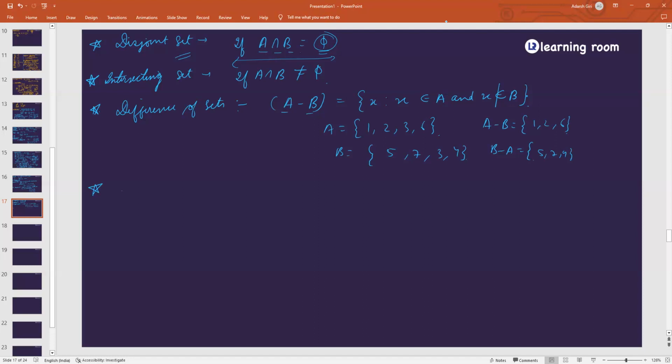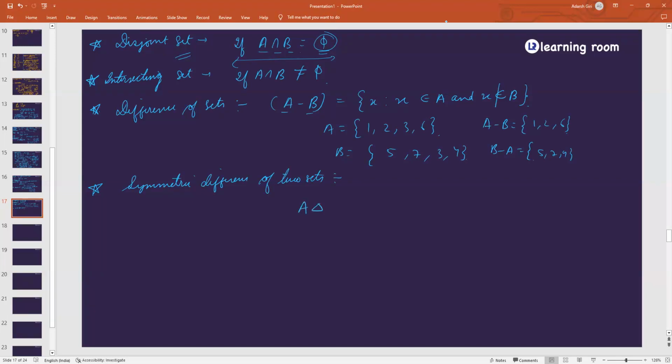Now there is something called the symmetric difference of two sets. What is the symmetric difference of two sets?